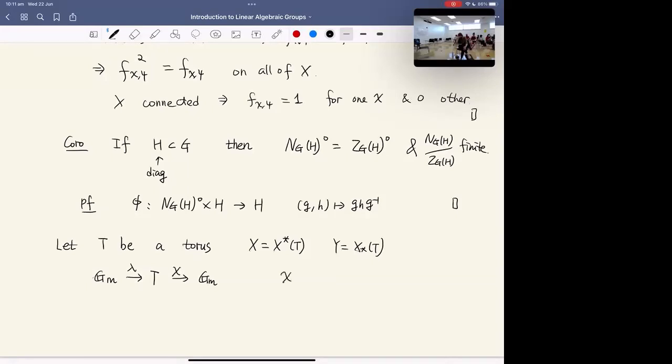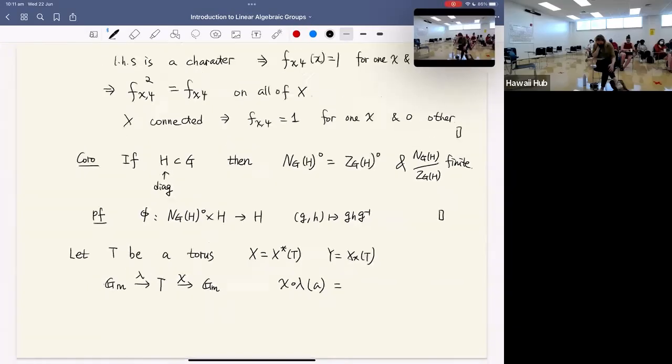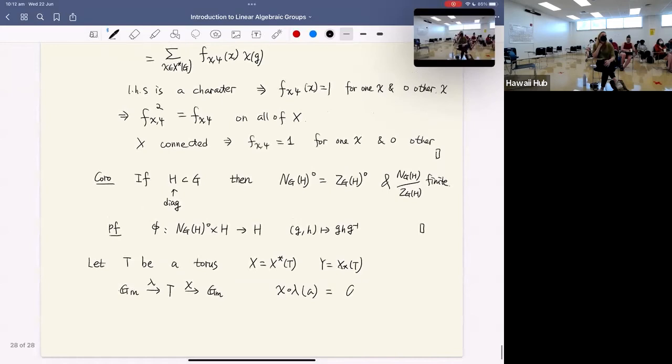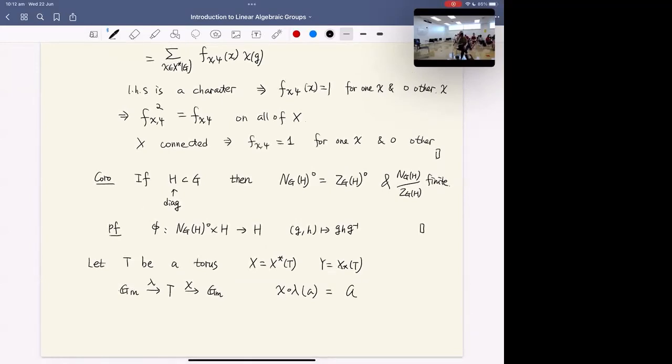Now if I compose these two maps, what can I produce from the composition? It's a map from Gm to Gm, so I get an integer.